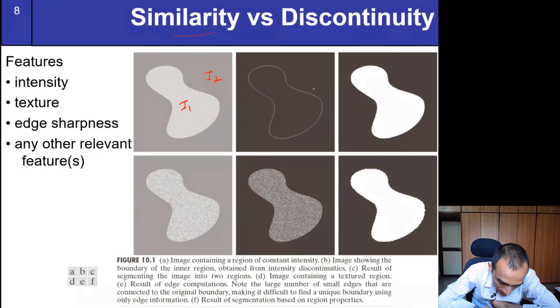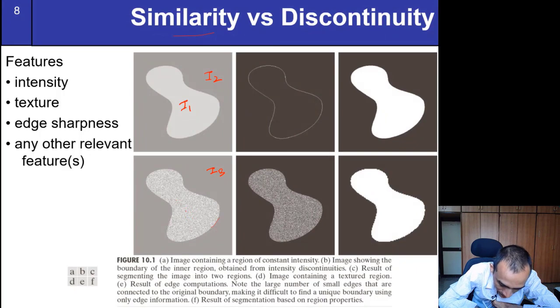But in a somewhat similar scenario like here, again you can see that this is a region which has a similar property, and there is a background region. Now here there is a unique background intensity value, but in this region there are no unique intensity values. It's a textured pattern. So the similarity here is based on the textured appearance, but there is no single intensity value.